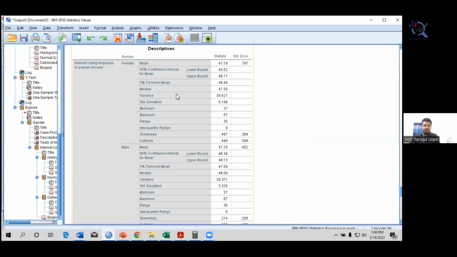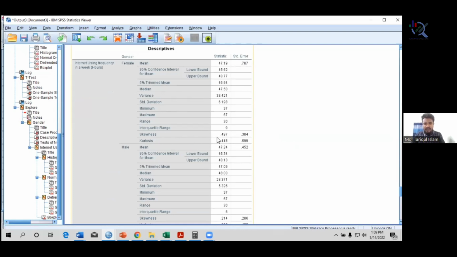Here, for the normality test, we got a single table, but the values for female and male are separate. The same way, we have to check the skewness and kurtosis.